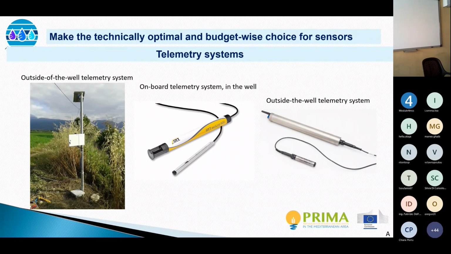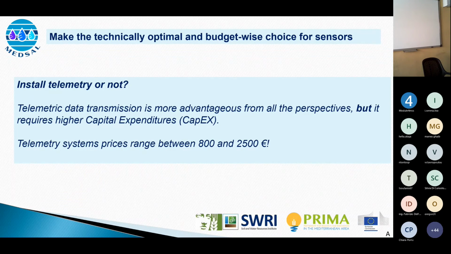And the next one, please, Vasilis. Okay. The big question, install telemetry or not? Telemetric data transmission is a very good option if you can afford it and if the chances are there. It's more advantageous from all the perspectives, but it comes at a cost.